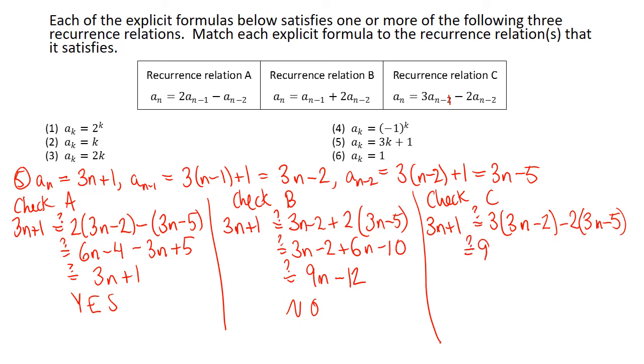So that's going to be 9n minus 6 minus 6n plus 10. This is going to leave me with 3n plus 4, so that's going to be another no.